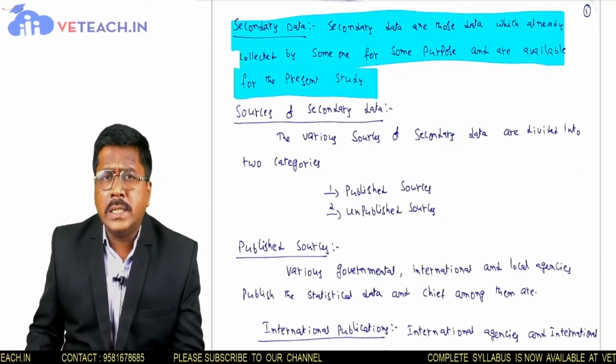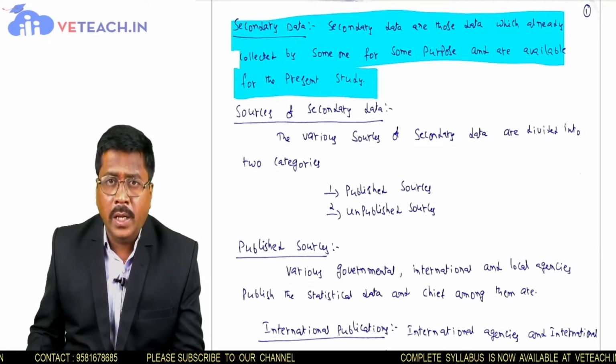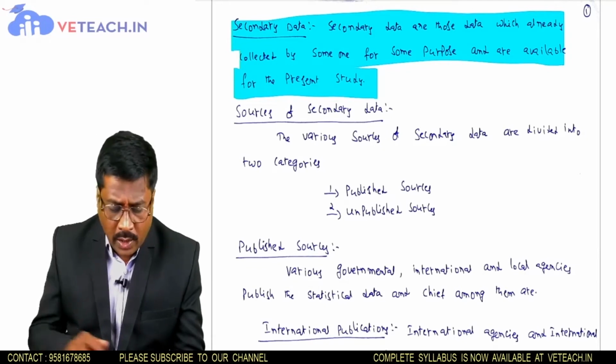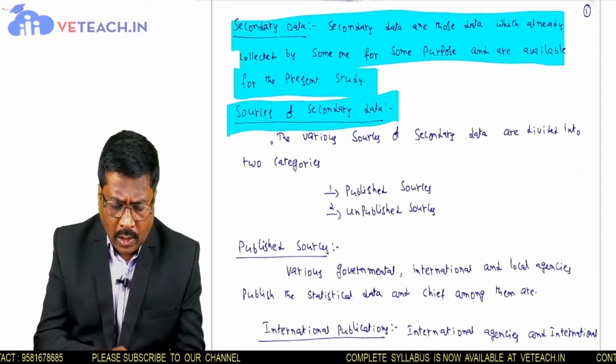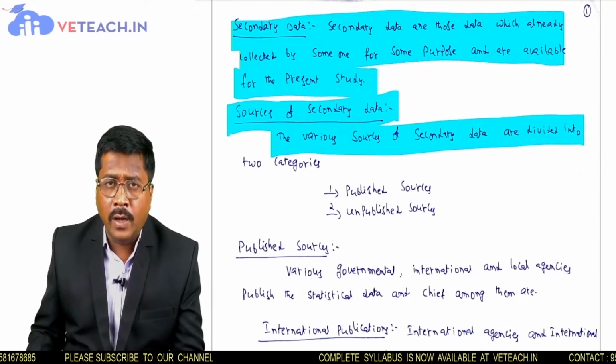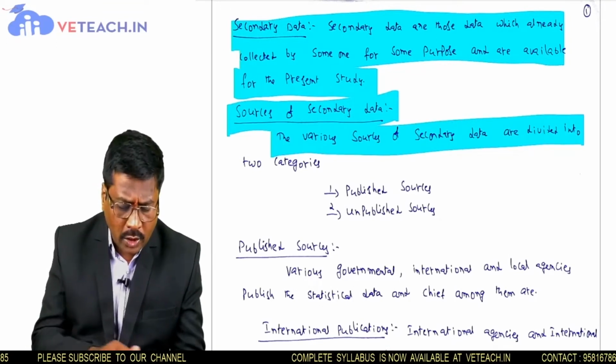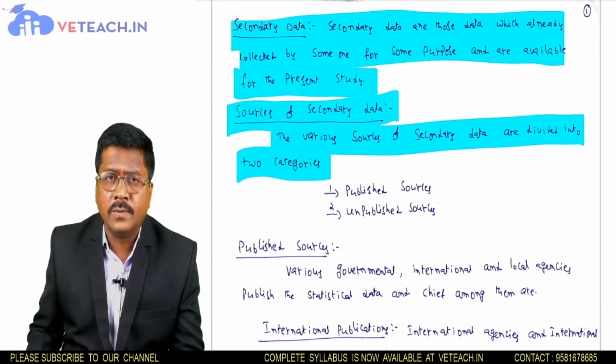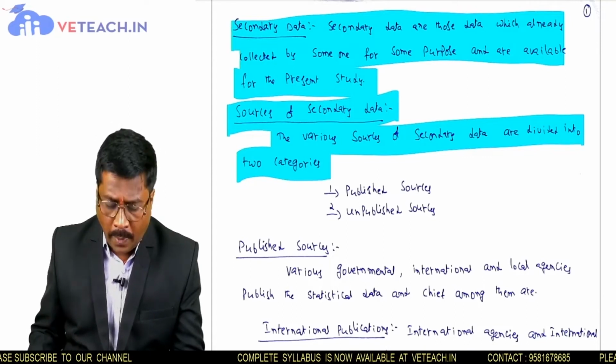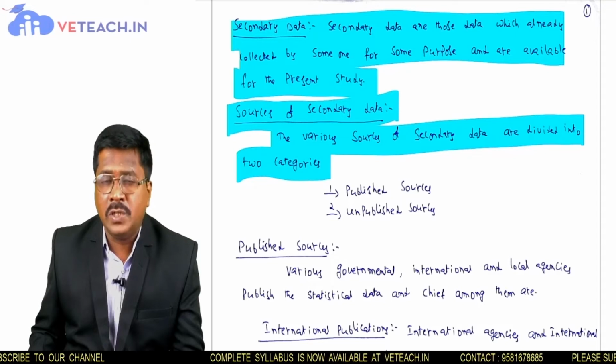How is this secondary data available? There are various sources for the collection of secondary data, which can be categorized into two parts: published sources and unpublished sources.